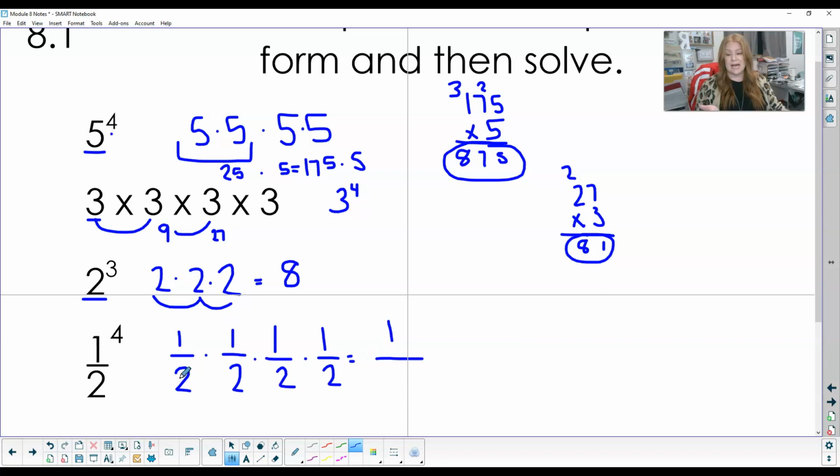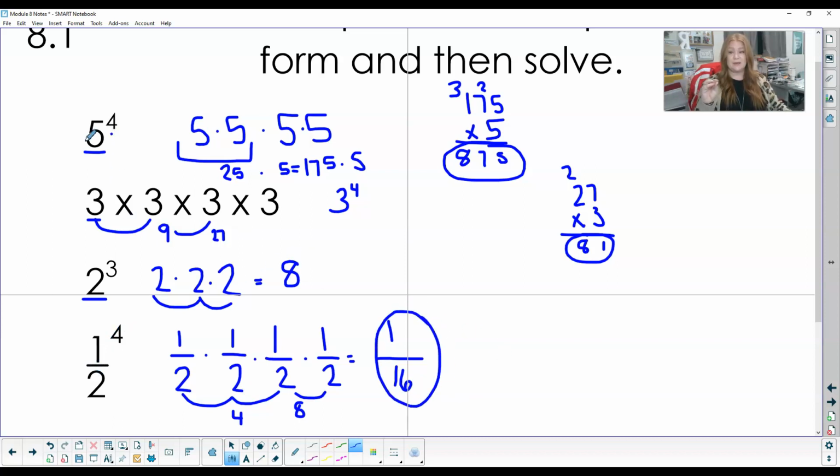Now I'm taking this half and cutting it in half, cutting it in half again, cutting it in half again. This one's actually getting smaller when I'm using these fractions. So 2 times 2 is 4, times 2 is 8, 8 times 2 is 16. So 1/2 to the 4th power is 1/16.